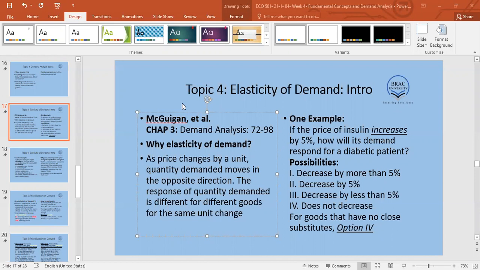So if the person is going to need 2 insulin injections per day, then even if the price increases by 5%, they will not decrease their consumption because it is not price responsive. When we talk about price elasticity of demand, we are looking at whether demand is responding to change in price. In this particular example it is not, and we will see its implications in the next part.